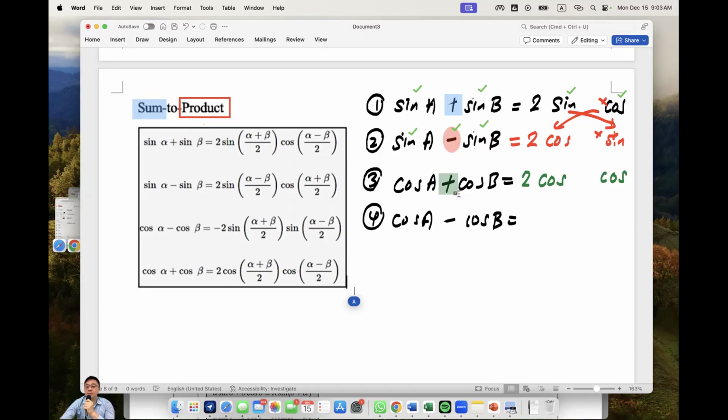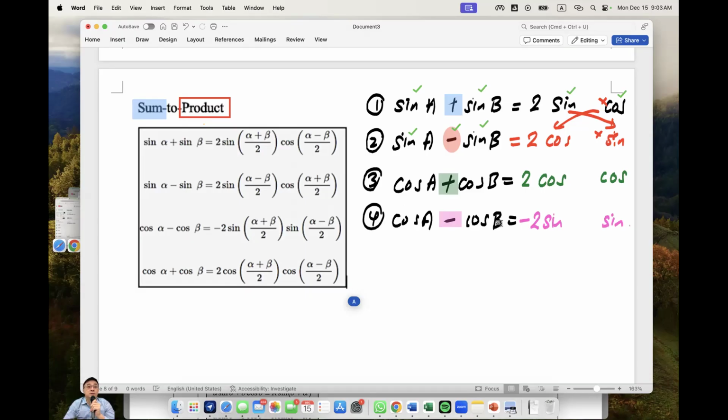When you add the same cosine functions together, you have 2 same cosine functions on the right. Right? While cos minus cos is what? Correct. Negative 2 sine sine.